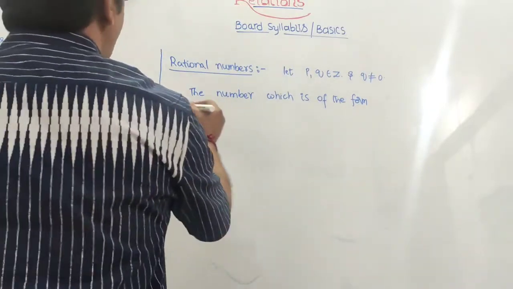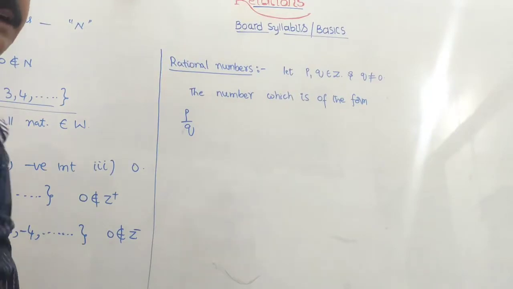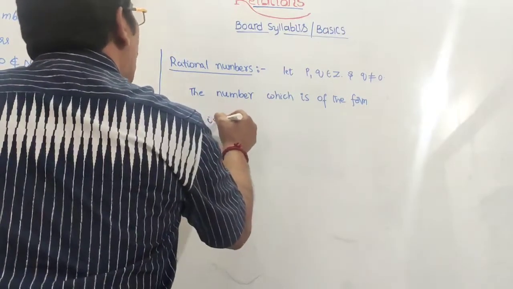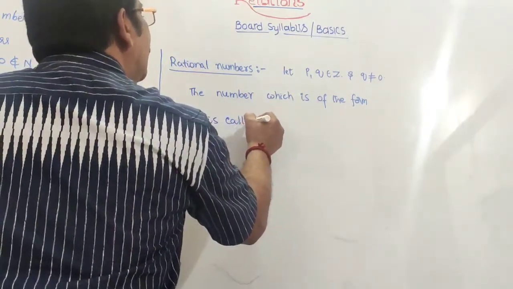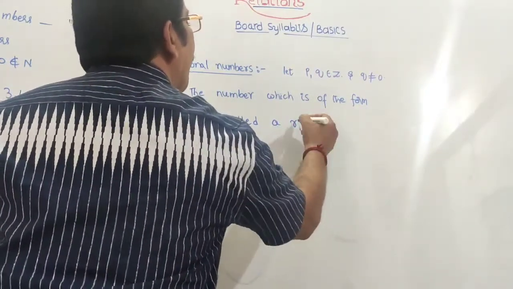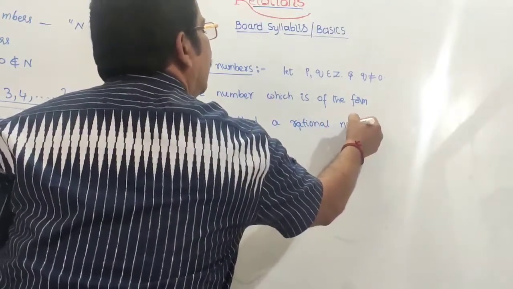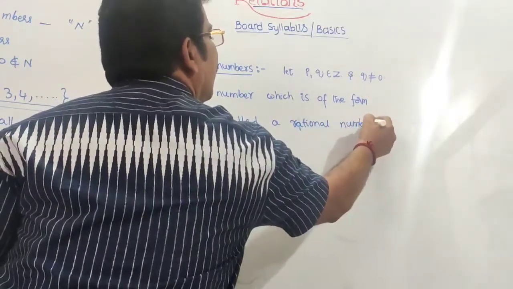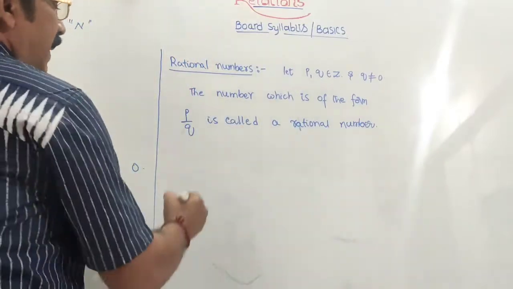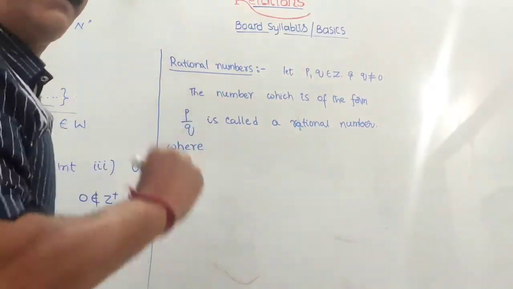Which is of the form P by Q is called a rational number. Whereas subject to the condition is important.